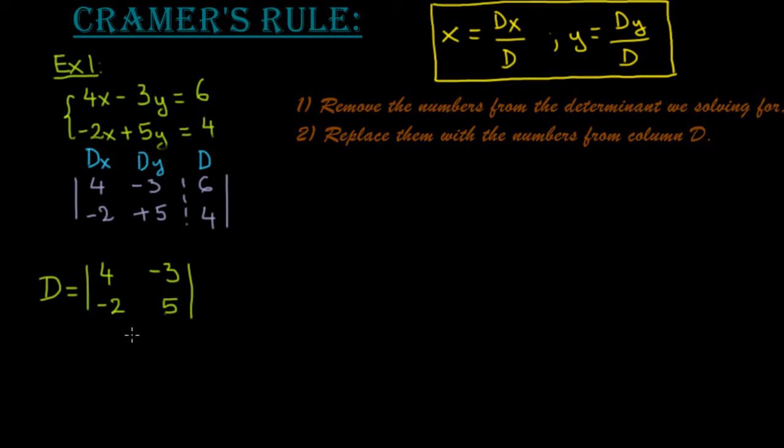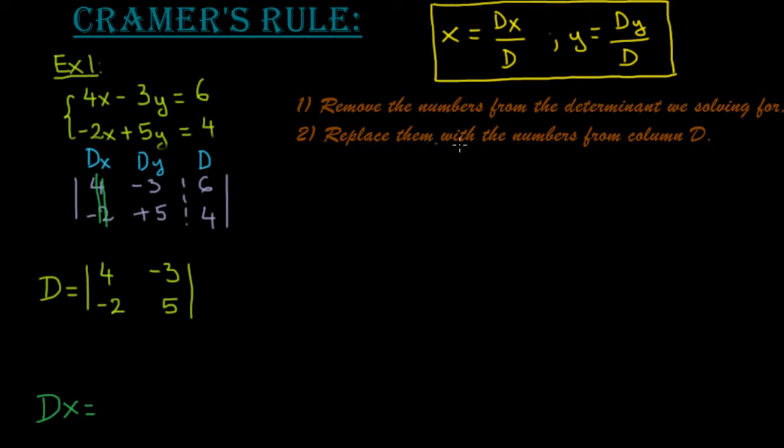Now we're gonna set up determinant dx. I will keep the solving part for later, when we set up all the determinants d, dx, and dy. So for dx, as we say, whichever one we solve for, we remove that number. So I'm solving for dx, I remove this number.